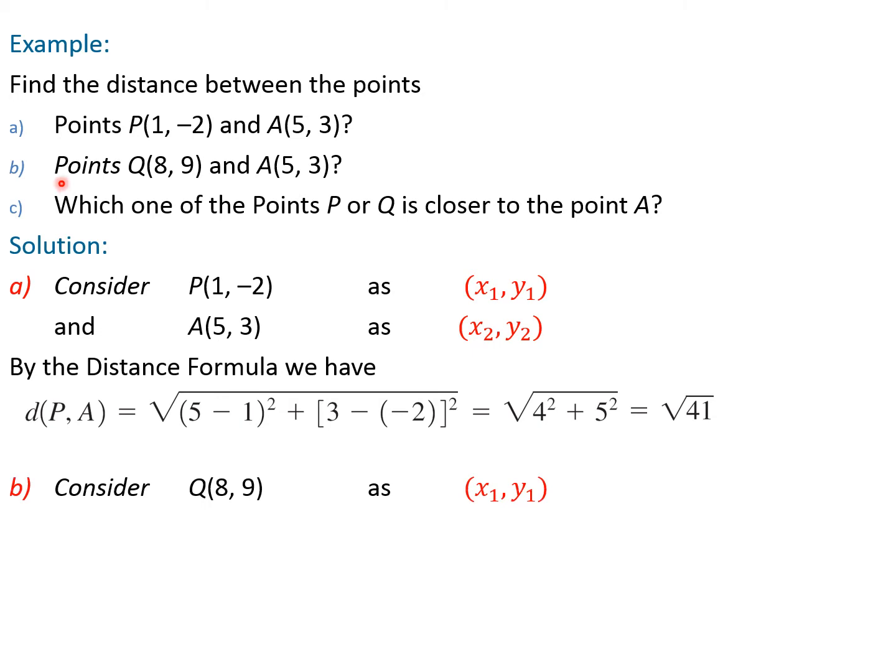So for the next part, we are given 2 points again, Q and A, part B. So first step, we assume that 8 is x1, 9 is y1, 5 is x2, and 3 is y2.